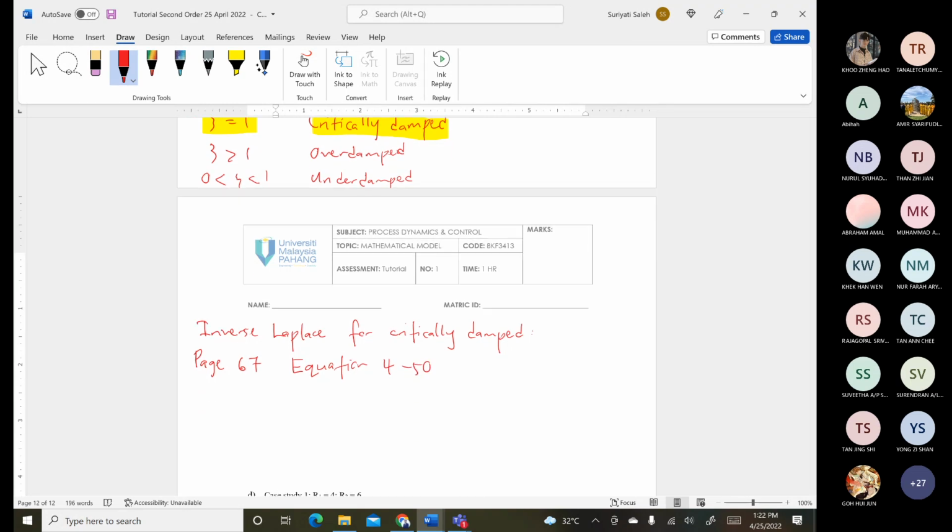Under critically damped, you have y(t) equals K M in bracket 1 minus (1 plus t over tau) exponent negative t over tau. So this is the inverse Laplace for the critically damped second order response. That's why we need to determine the damping factor. The damping factor will locate which category applies for our second order.